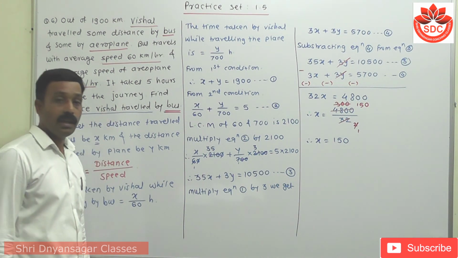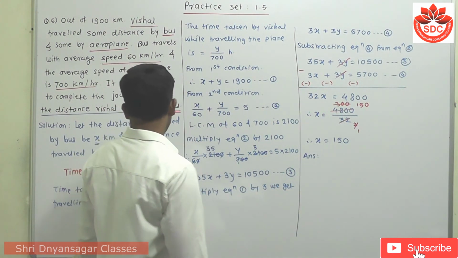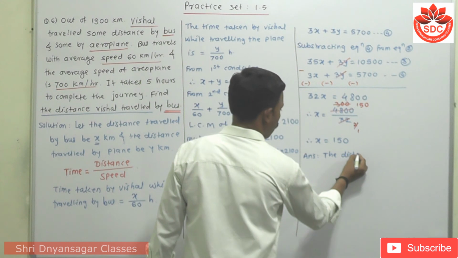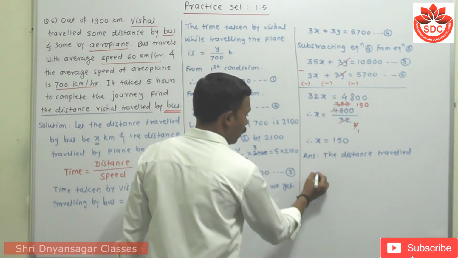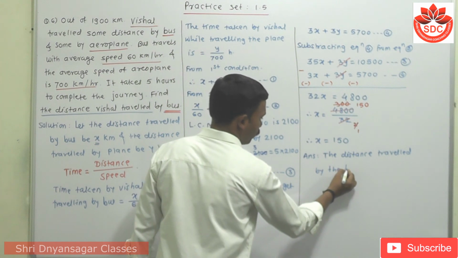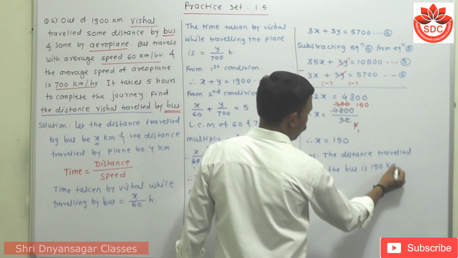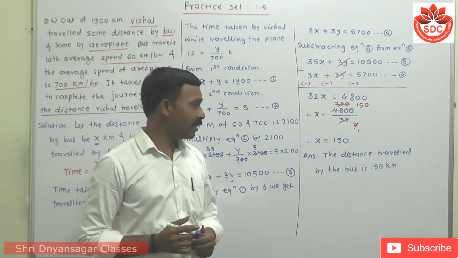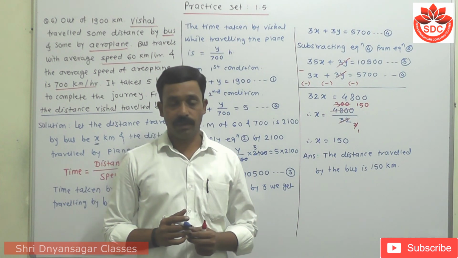Therefore the answer in a full sentence is: the distance traveled by the bus is 150 kilometers.